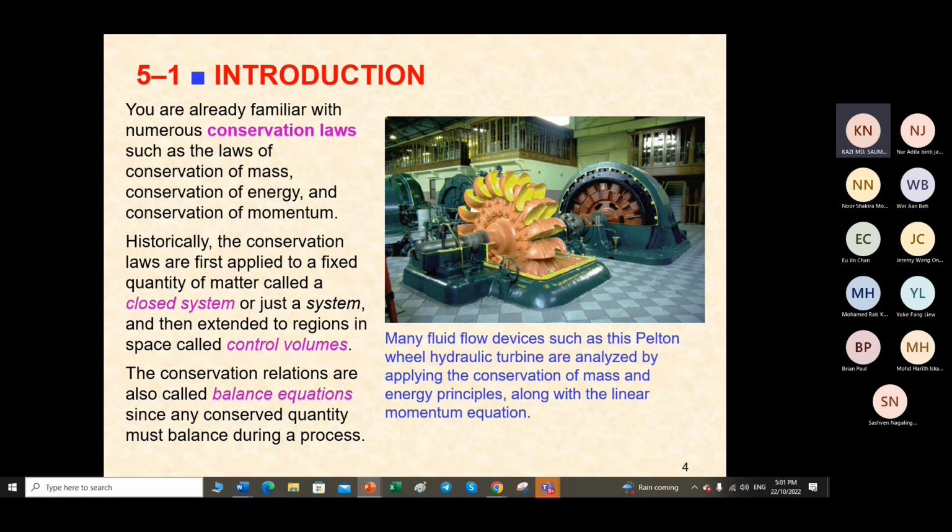So all these things are to be considered in this chapter.